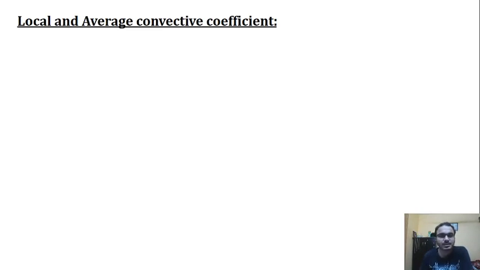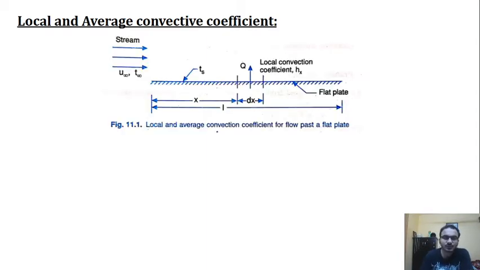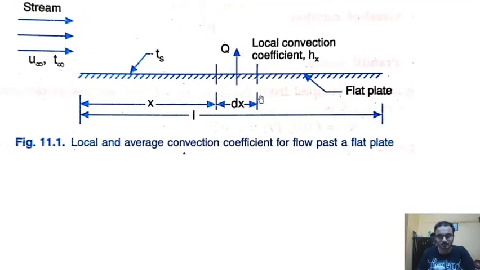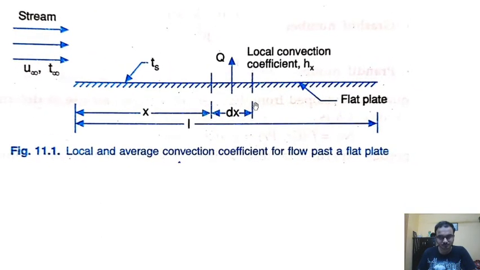Now our next topic is local and average convective coefficients. First of all, we will focus on this figure. Consider this as a hot flat plate, and from the left-hand side a stream of fluid is passing over it. The undisturbed velocity and temperature are U infinity and T infinity respectively.